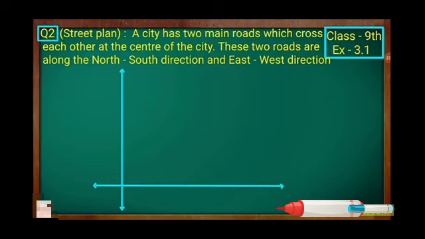Second question. In question 2, we have to discuss the city plan. A city has two main roads which cross each other at the center of the city. These two roads run along the north-south direction and east-west direction.